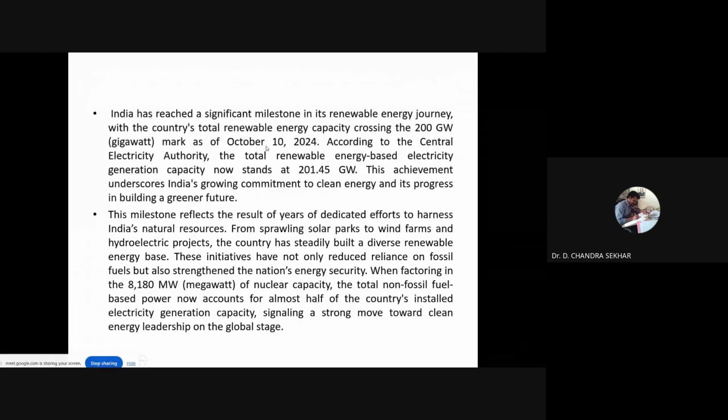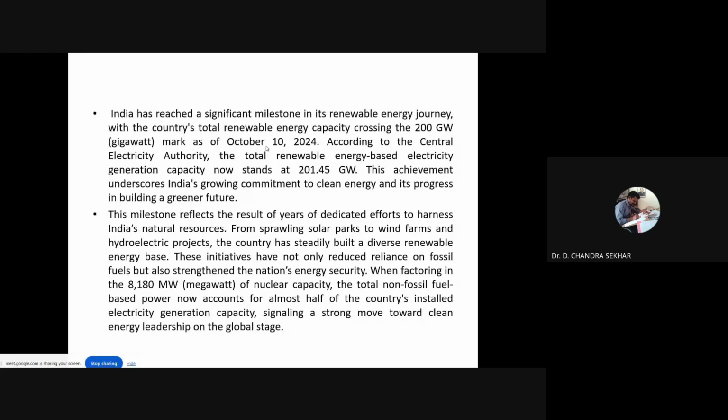So, according to the Central Electricity Authority, the total renewable energy based electricity generation capacity now stands at 201.45 gigawatts. So, this achievement shows India's growing commitment towards clean energy and its progress to build a greener energy for the future.